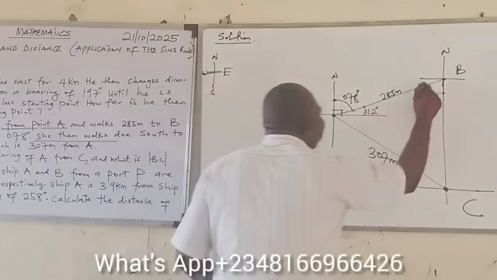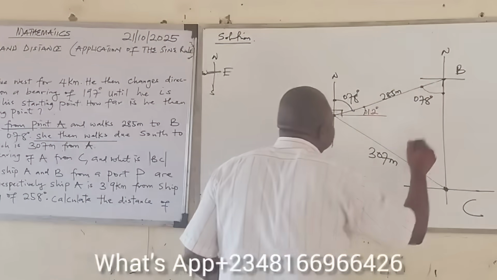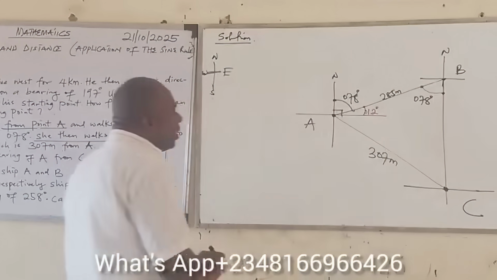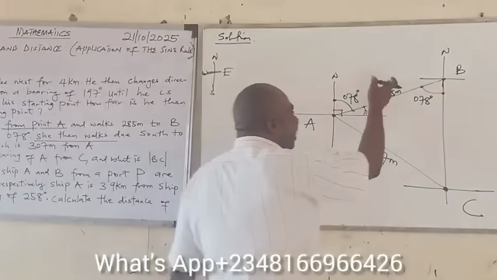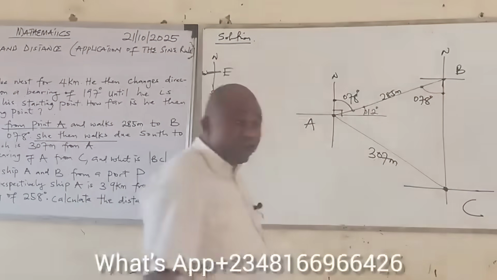So if this is 78 from this point to this point, it means here we can apply the sine rule. Now this is a case of having two sides and one angle.